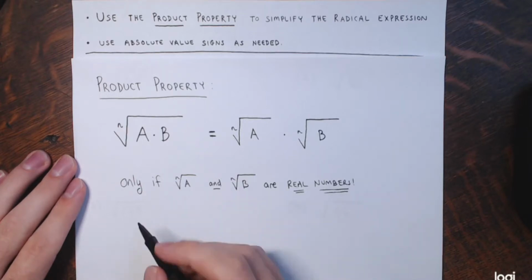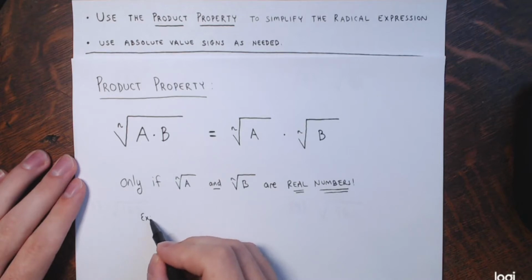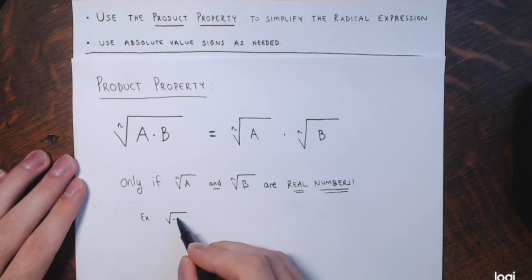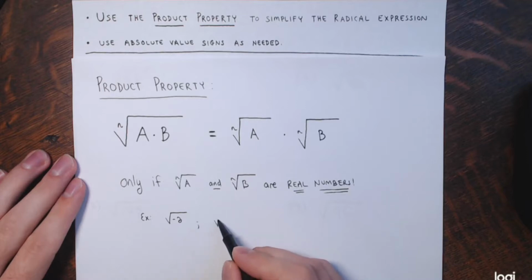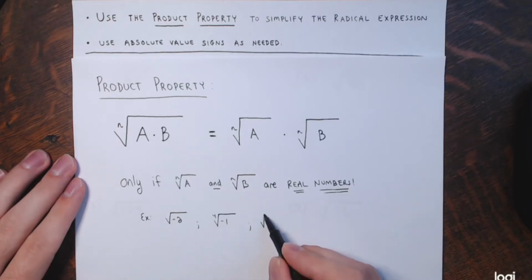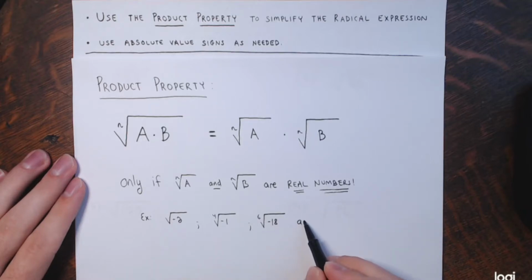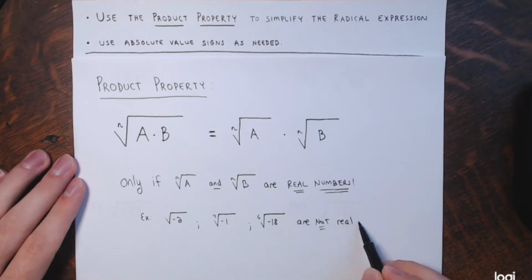So remember that the square root of -2 or the fourth root of -1 or the sixth root of -18, whatever, these are not real numbers.